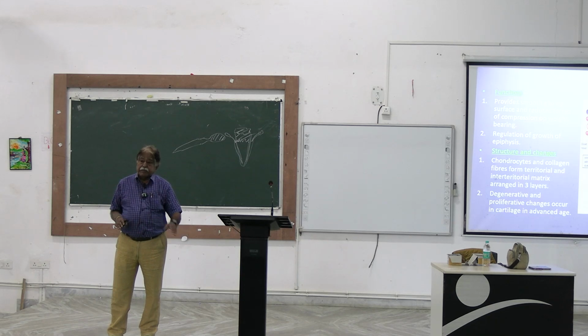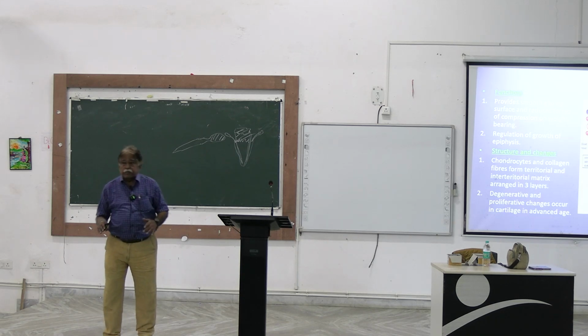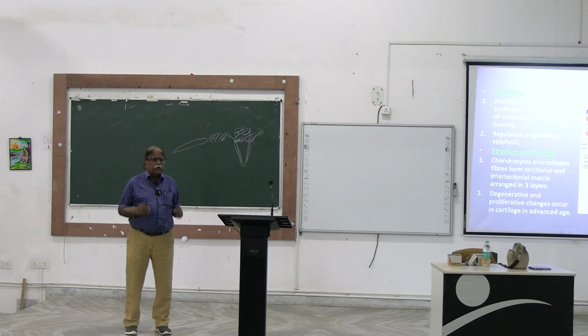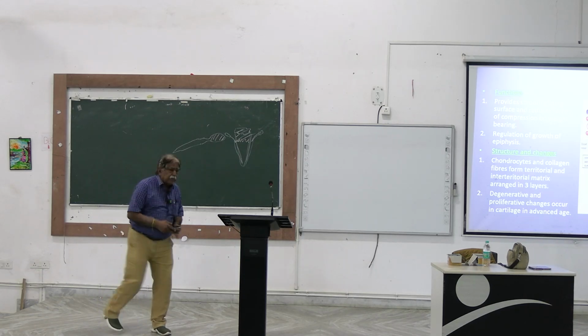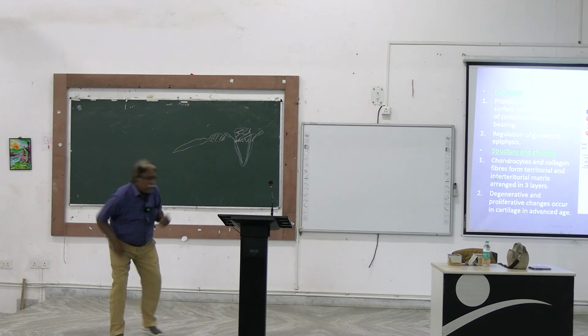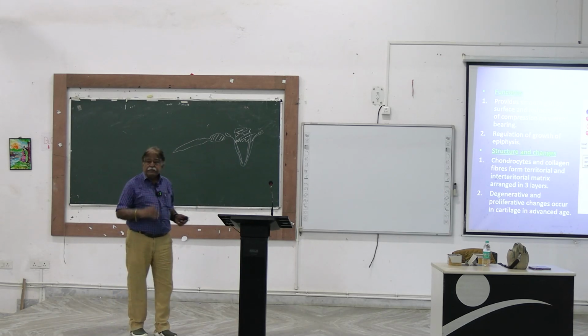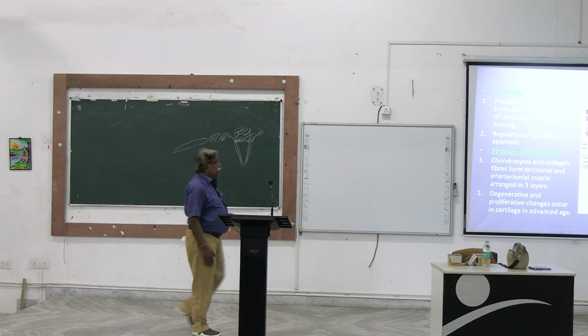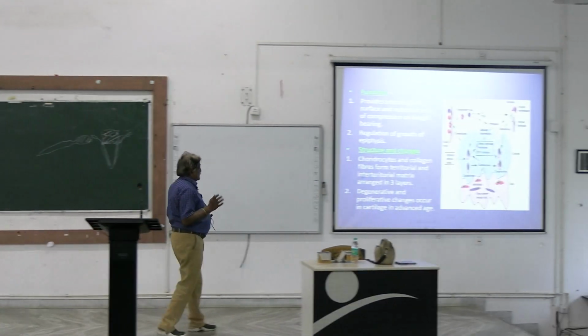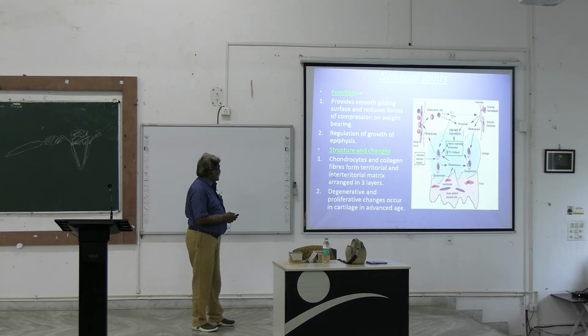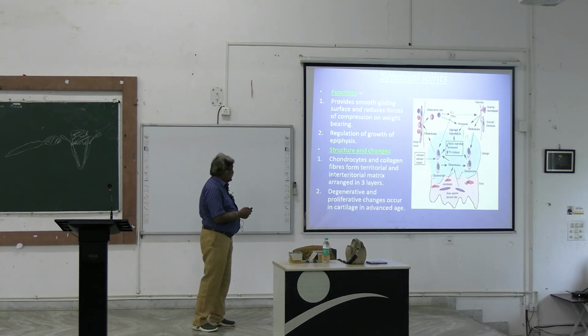When you were a kid, you were waddling like this. But as you age, slowly you are not bothered. Again you start riding and play. Okay. But as you age, you get arthritis, due to degenerative and proliferative changes that occur in cartilage in the advanced stage.